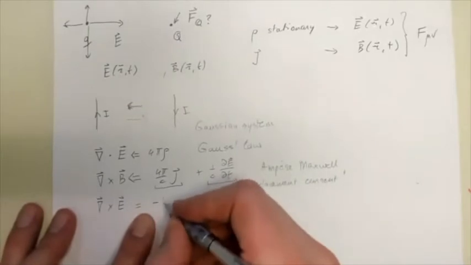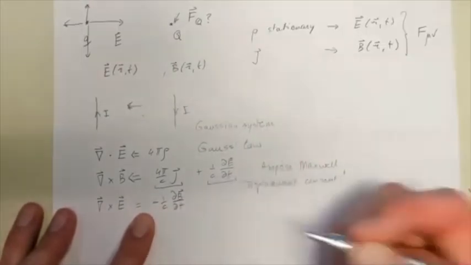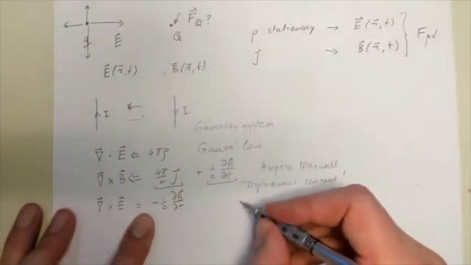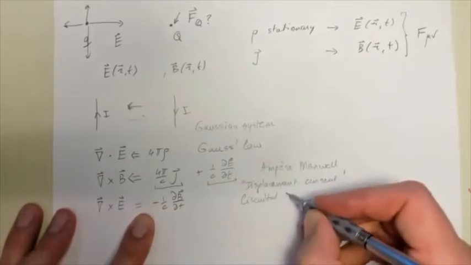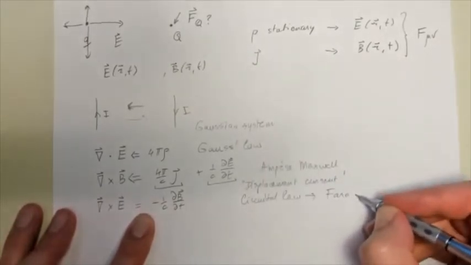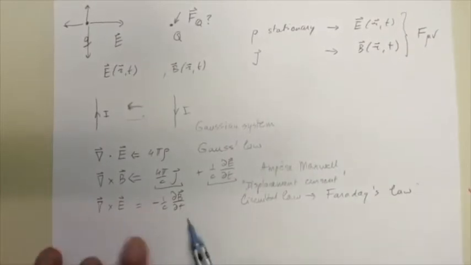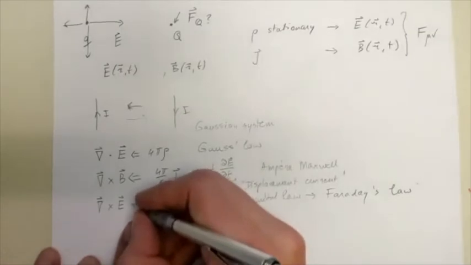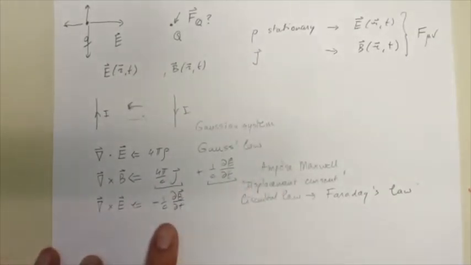It is -1/c dB/dt. And so it's the circuital law, or Faraday's law if you include this one. And causality goes this way again, right? So you get some time-varying magnetic fields, and then that causes an E field.